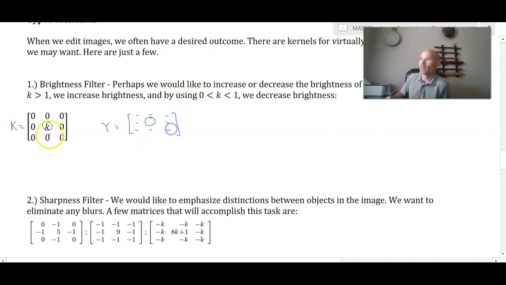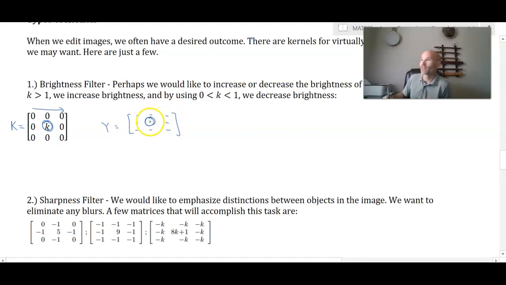That's going to get multiplied because, again, the way this works is along the kernel, we move top left to bottom right, and the middle element always multiplies the middlemost element as well. As a result, we're basically just scaling that middle pixel. So we're only going to take into account the middle pixel of the Y image, and it's going to get scaled by a factor of k.